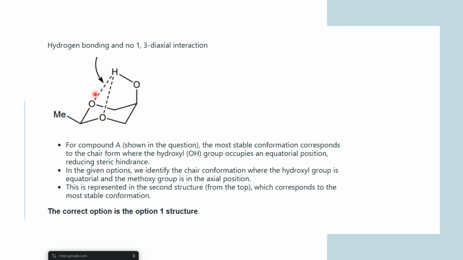Hence, the most stable conformation for the given molecule will be the one where the methyl group is occupying the equatorial position and the hydroxyl group is occupying the axial position to facilitate hydrogen bonding with both the ring oxygens.